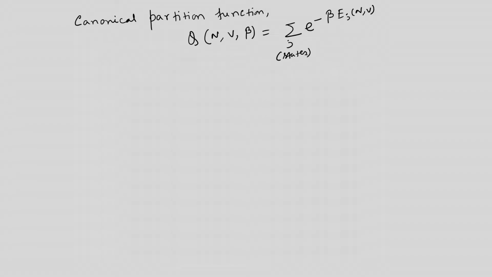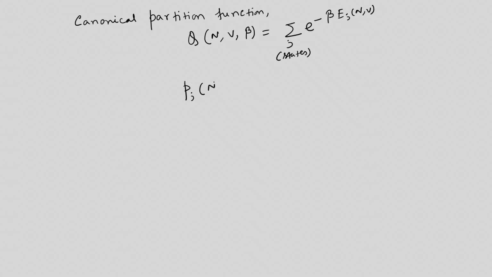We have also obtained the probability of the jth state. We define it by Pj, which is also a function of N, V, and beta.